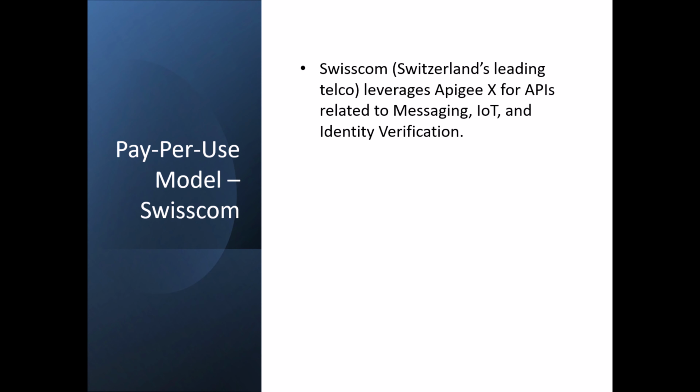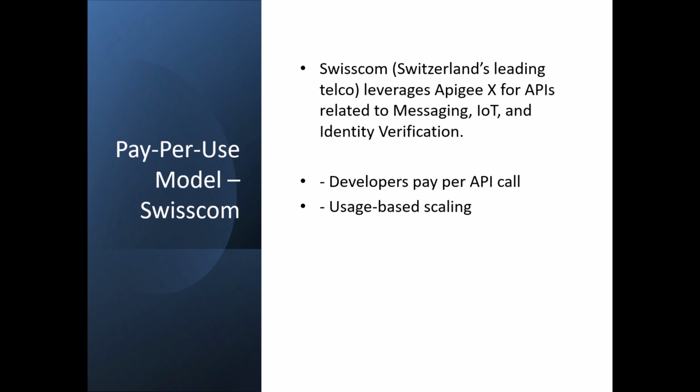Now next, let's look at the pay-per-use model by Swisscom, which is Switzerland's largest telecom. And it leverages Apigee X for APIs related to messaging, IoT, Internet of Things, and identity verification. Now, Swisscom charges developers based on the actual number of API calls made.